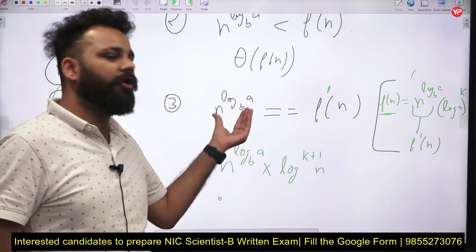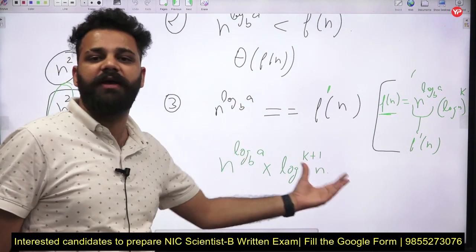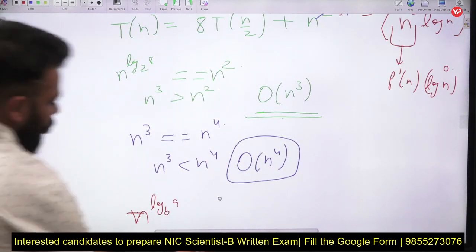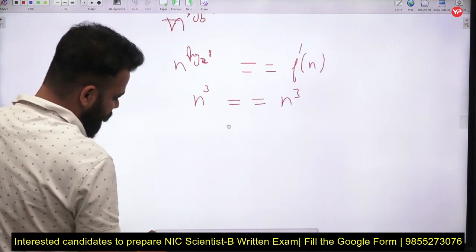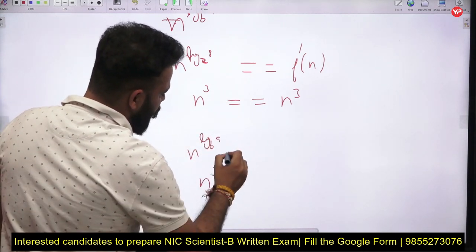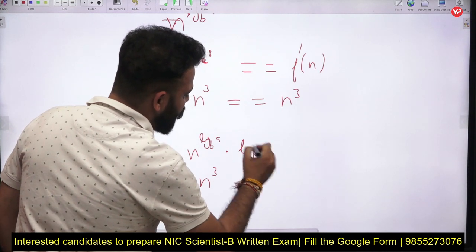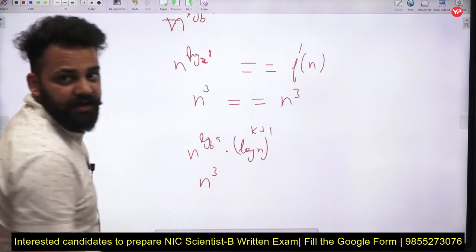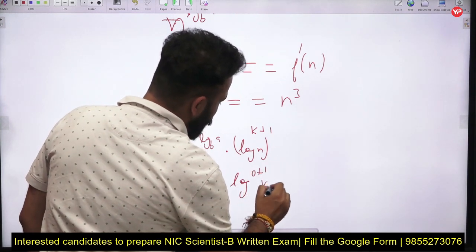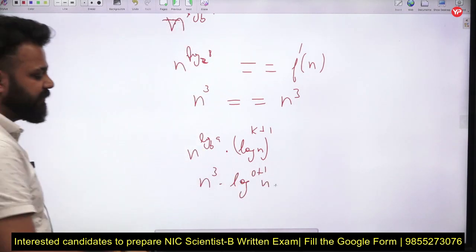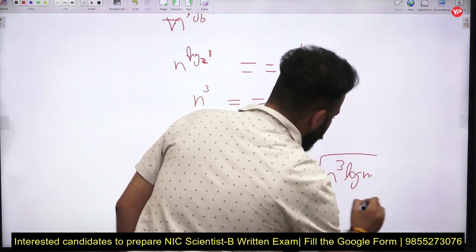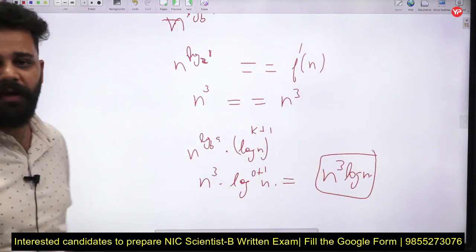We will take n raised to power log b a as such, and we will increase the power of log by 1. First we take n raised to power log b a, which is nothing but n cube, and the power of log will be increased by 1, so log n raised to power 0 plus 1, which is nothing but n cube log n. So the time complexity for this function will become n cube log n.